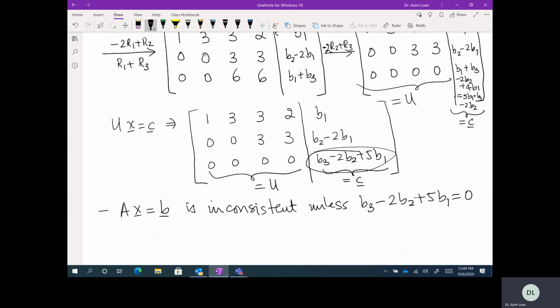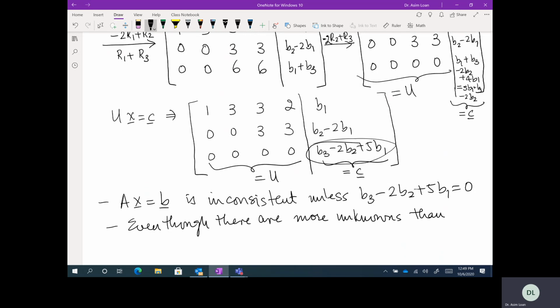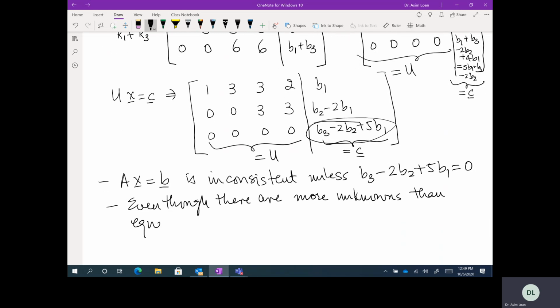So even though there are more unknowns than equations, a solution may not exist.